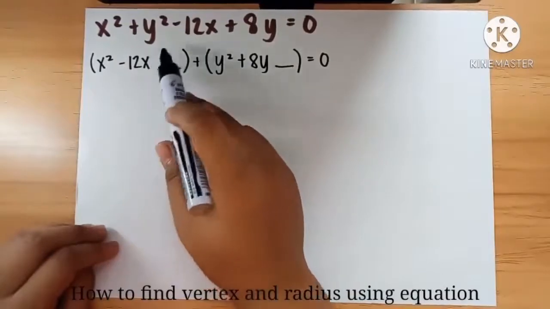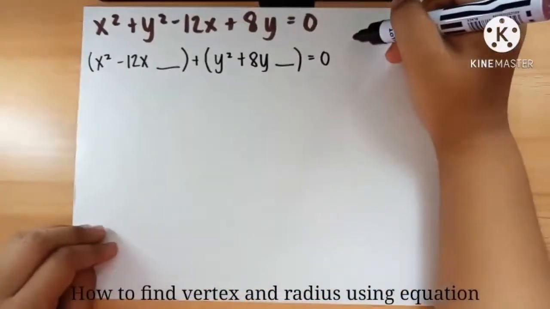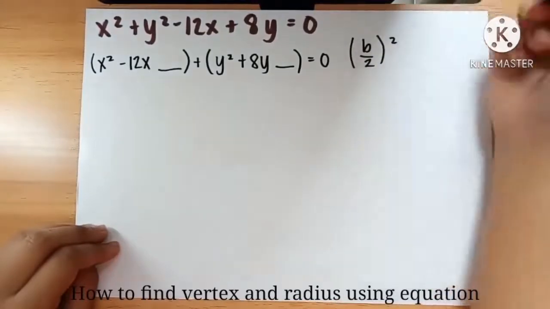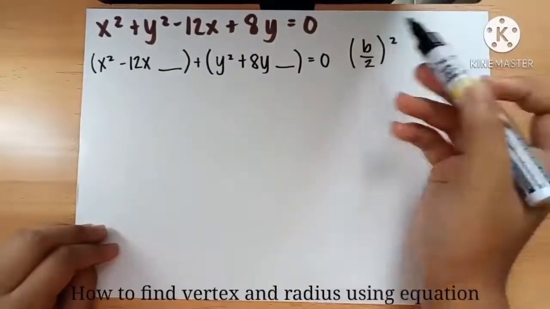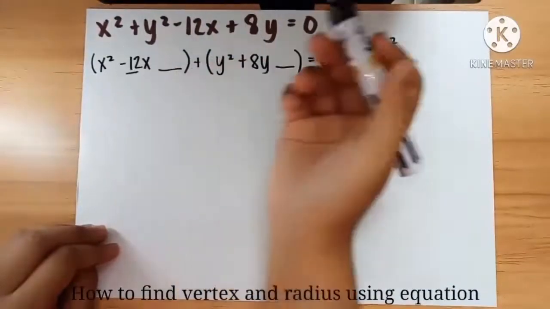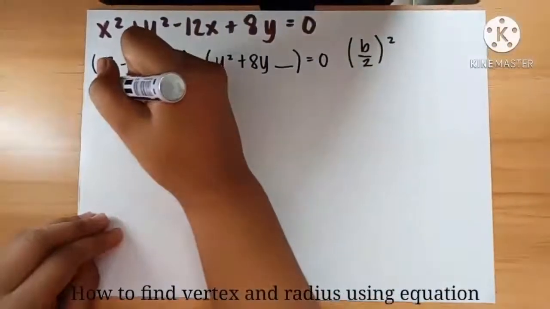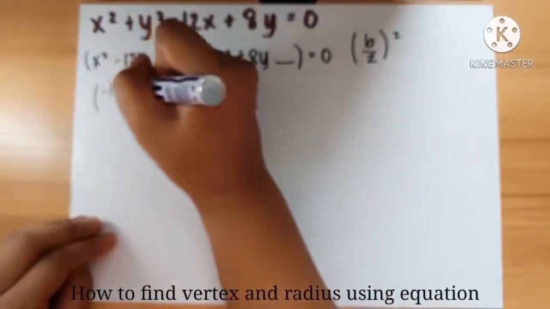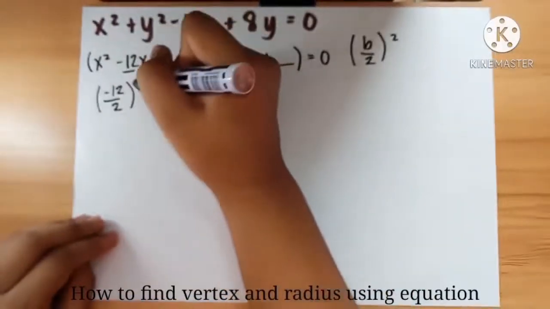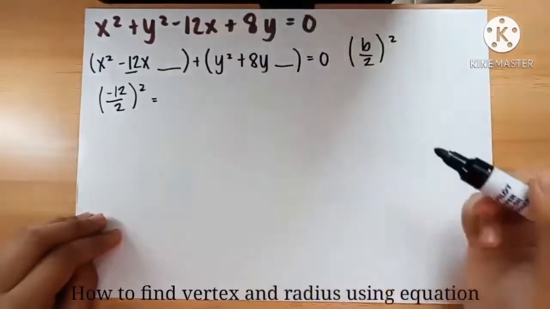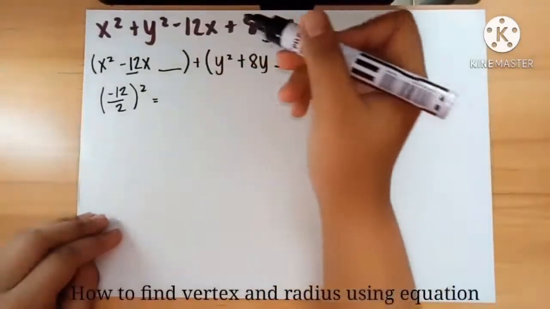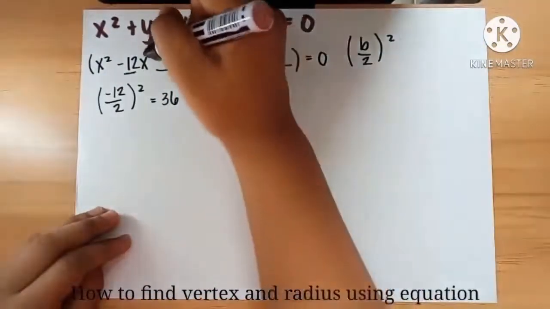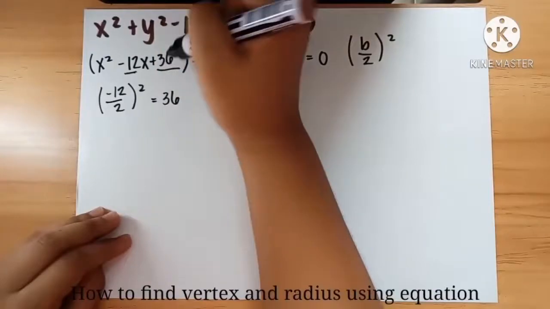To find the coefficient of this, we have a formula. Our formula is b over 2 squared. This is our b. We substitute the b, negative 12 over 2 squared equals, that's 36, plus 36.